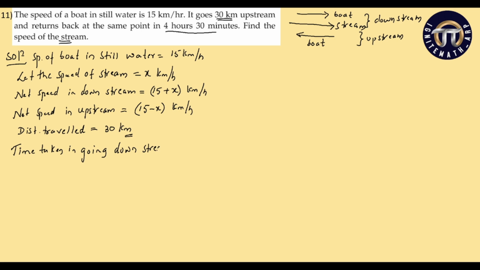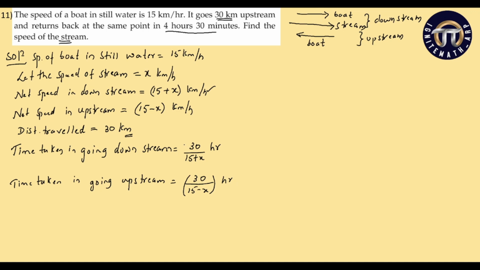So I can write over here, time taken in going downstream is equal to total distance, how much, children? It is 30. And what is the speed in downstream? It is 15 plus x. So this much is the time taken in going downstream, and time taken in going upstream is equal to 30 divided by 15 minus x hours.